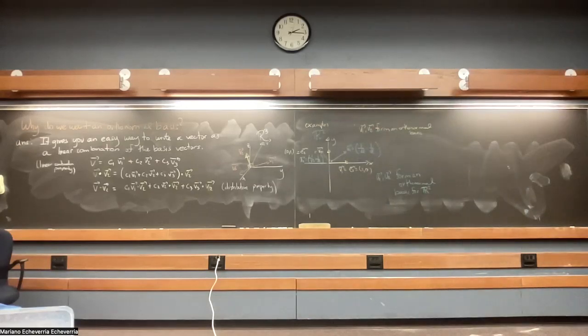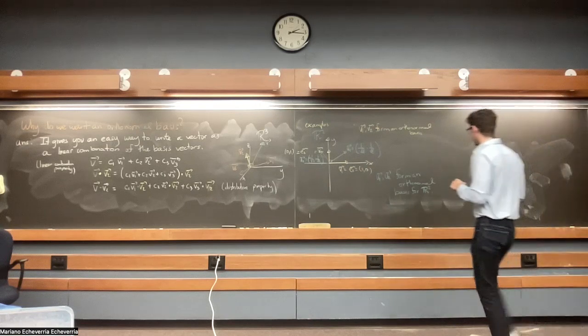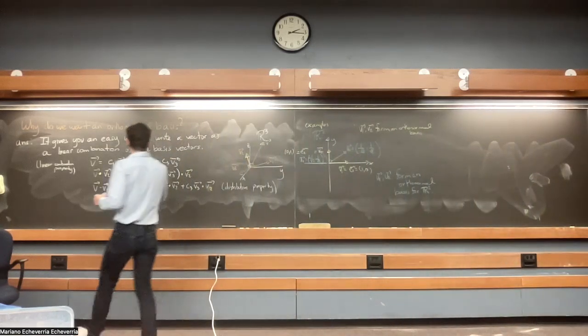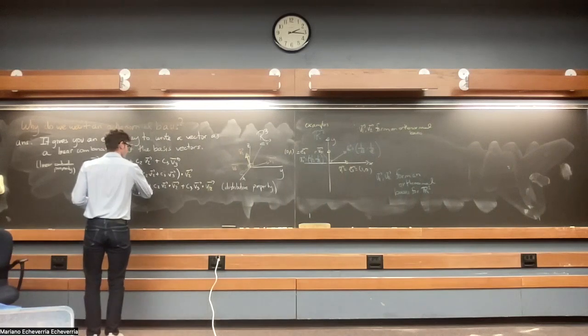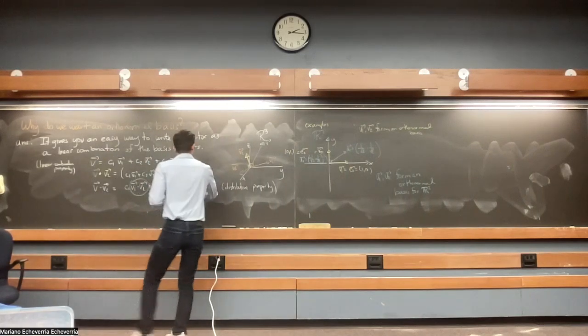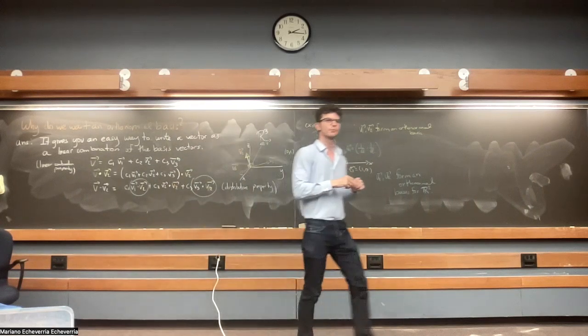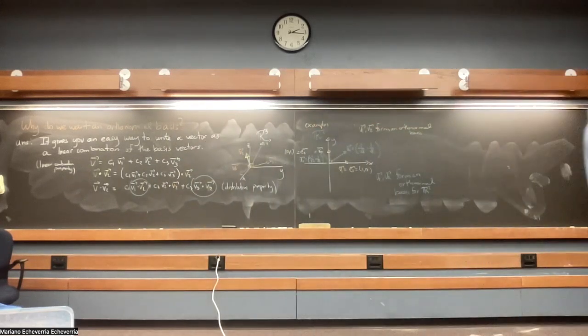And now is where you see the usefulness of having an orthonormal basis. Can anyone tell me what these two dot products should be? It's the same answer for both. The dot product is always a number, so it's zero. It has to be zero because the vectors are mutually perpendicular.